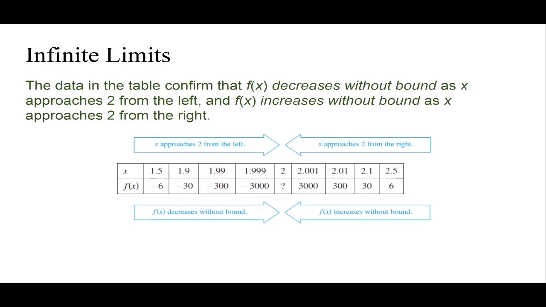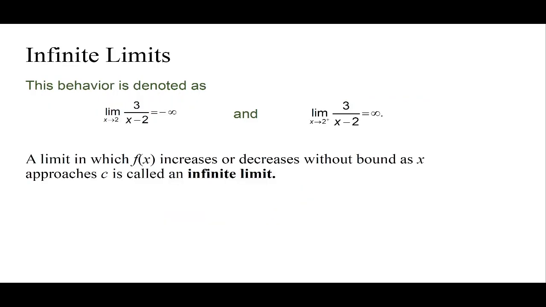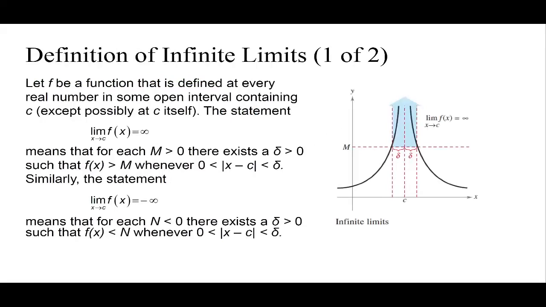So the function is increasing without bound as you go towards 2 from the right side, and decreasing without bound as you approach 2 from the left side. So these are the things we're going to write: negative infinity and positive infinity. A limit in which the function increases or decreases without bound as x approaches a value c is called an infinite limit.